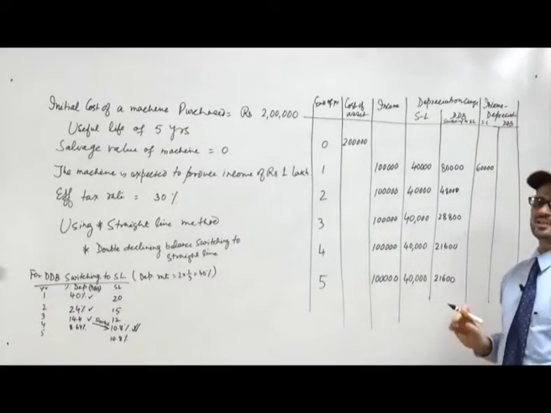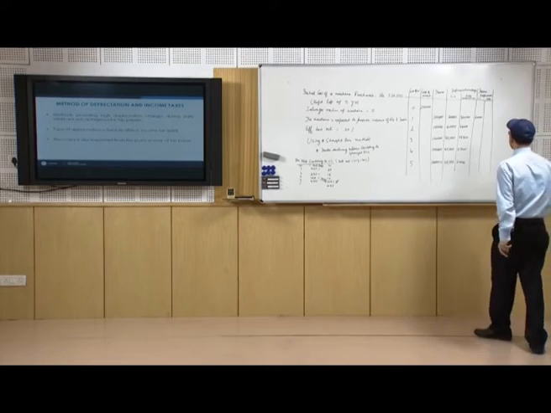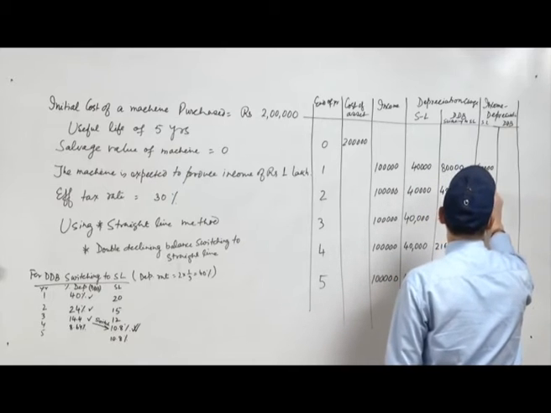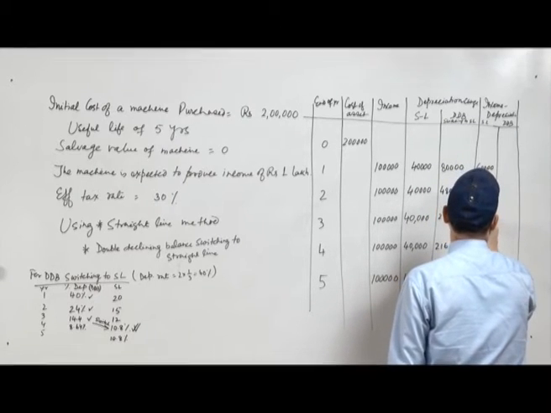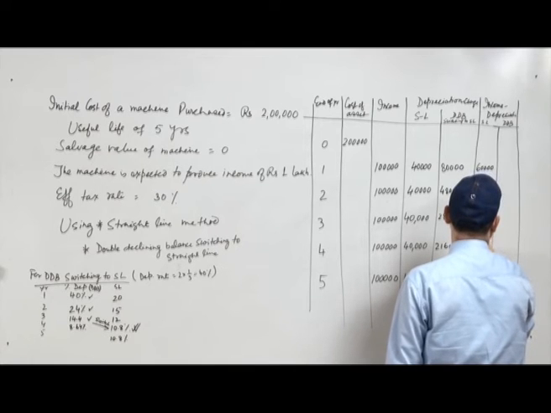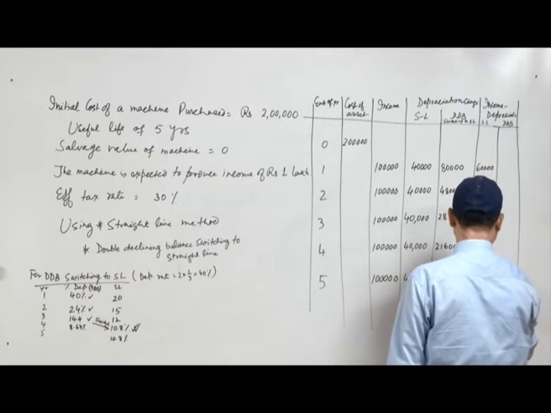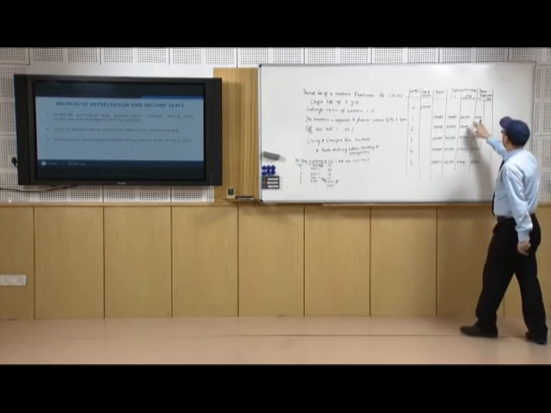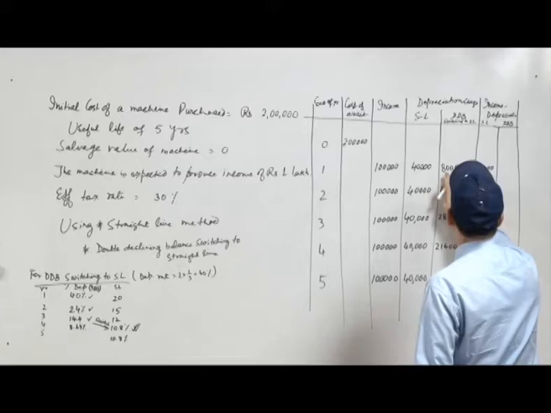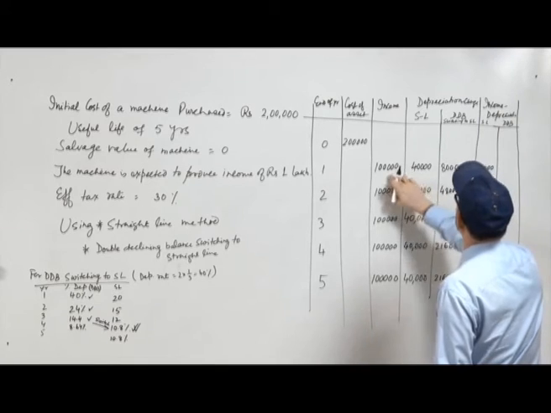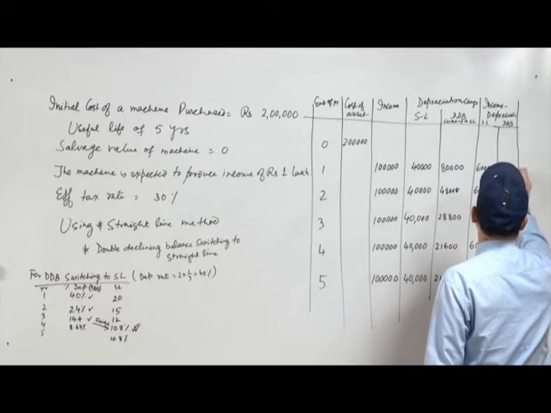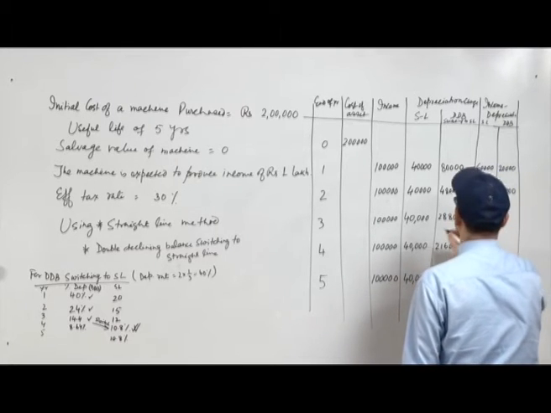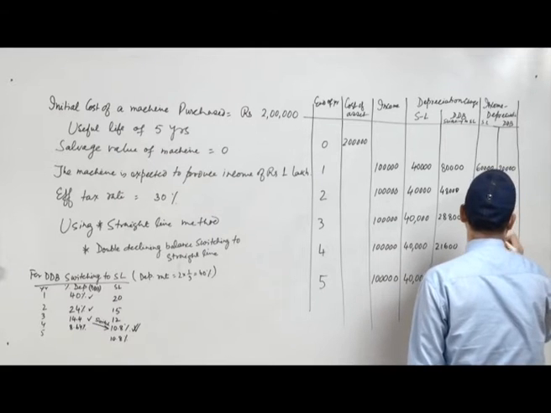This is income minus depreciation, that is your taxable income basically, and then every year you have 60,000 in the case of straight line, and in the case of DDB switching to straight line, in the first year 20,000 is the taxable income.